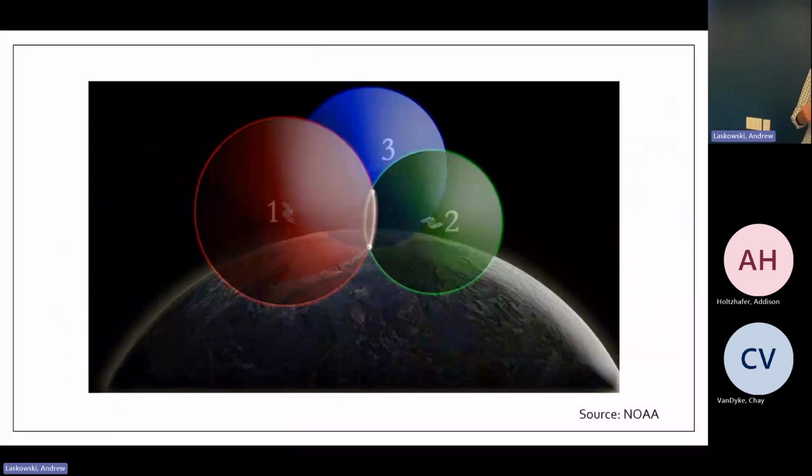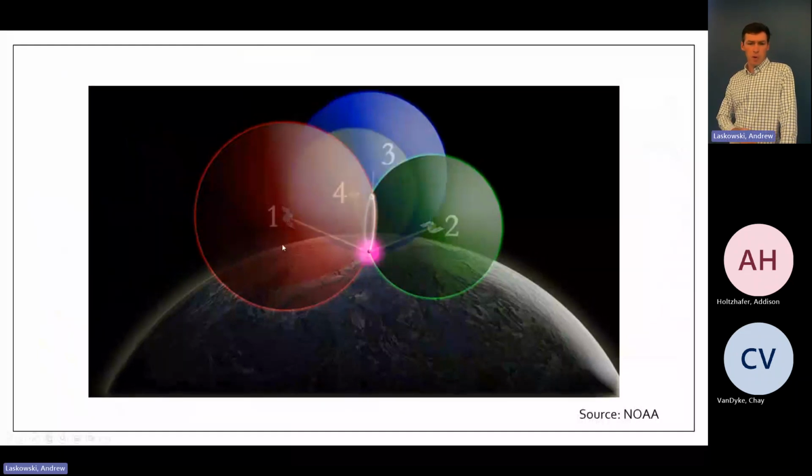However, it's not a unique single point, right? We still have 2 possibilities. One is out in space, one is on the Earth's surface. If we add a 4th satellite, that gets us to a unique location. We need to have at least 4 satellites in touch with our device to get a meaningful location.